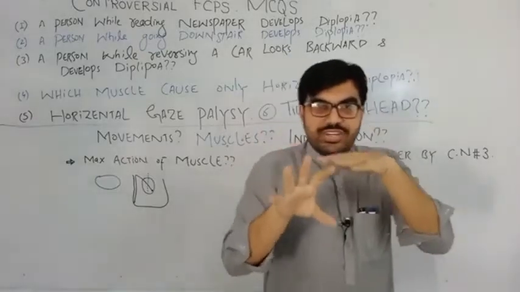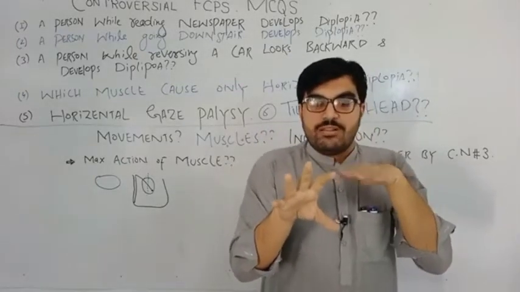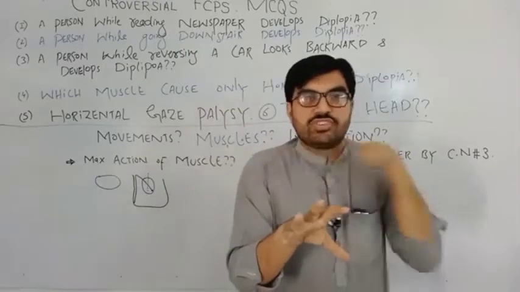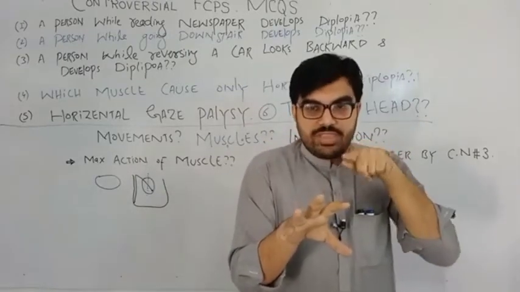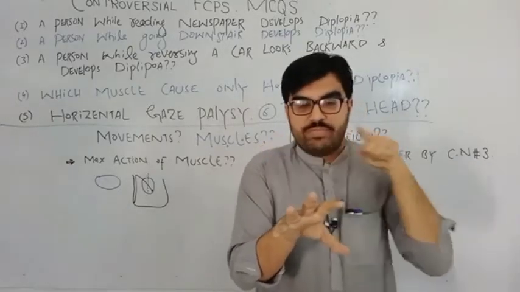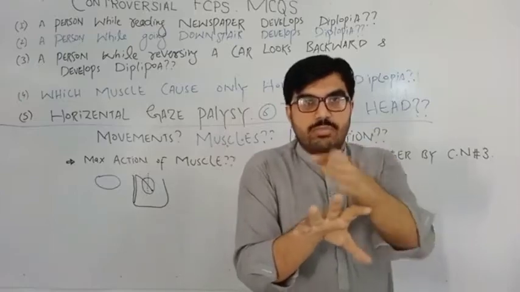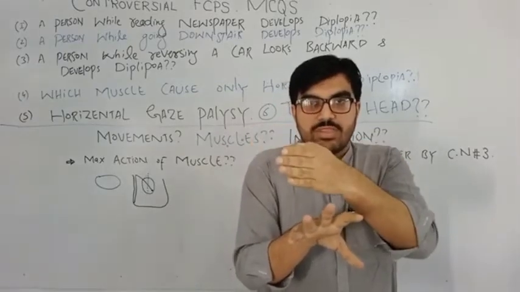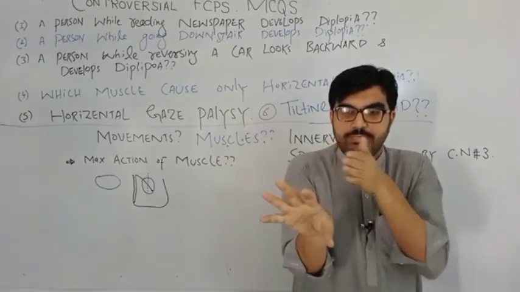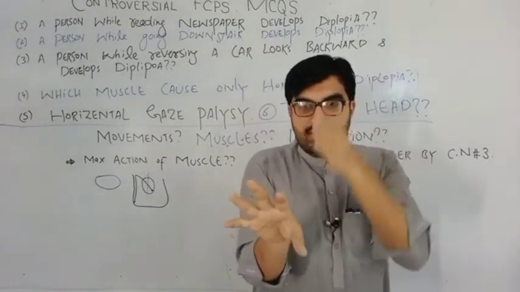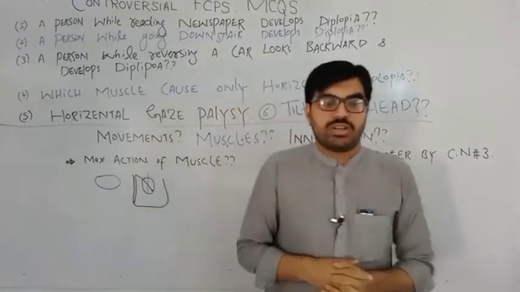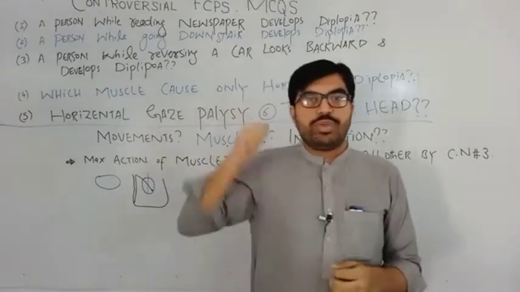It can cause elevation in the middle also, but that elevation is not maximum. The maximum action will be only if this is the longitudinal axis of superior rectus and this is the longitudinal axis of eyeball. So when they become parallel, there will be maximum action. If the eye looks laterally, the axis of the eyeball and the muscle become parallel. Now this concept is very important so that we are able to pick the MCQs.